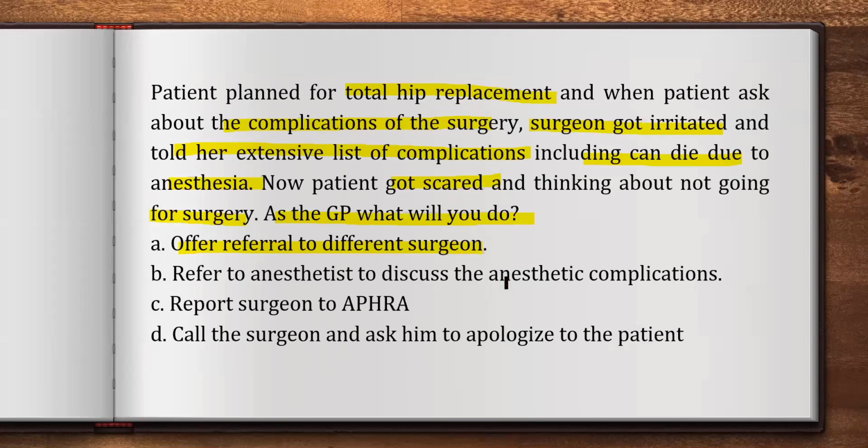Okay, the main issue is not about the anesthetic complication that he is worried about. It's mainly that he's worried about the risk of surgery, that with the surgery he can die. Okay, and it's not a mandatory report that you need to report the surgeon to APRA. Now, what is the ground of reporting in here?